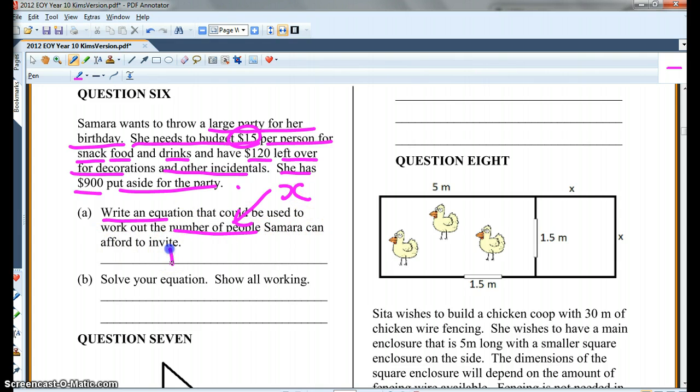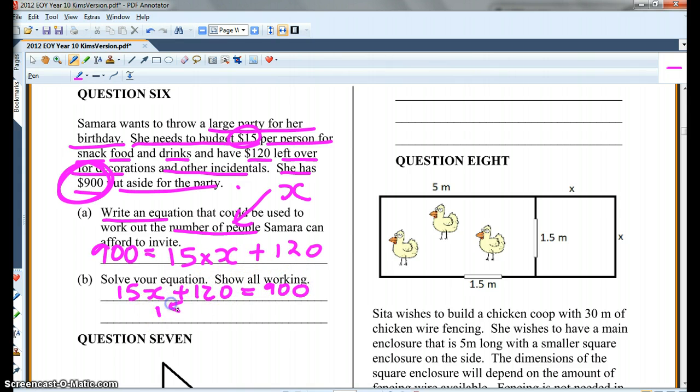Okay, she needs $15 times the number of people plus the 120. And that's going to equal 900. Okay? So we've got 15x plus 120 equals 900.